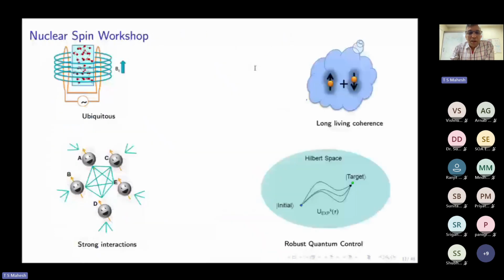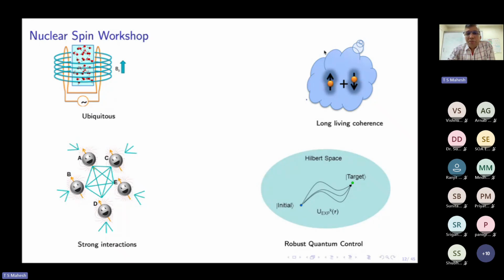Okay, so let me straight away come to the nuclear spin workshop. As I said, we are taking some compounds, and these compounds have molecules, and in each molecule we have several atoms, not just one atom. Each atom has a nucleus, and so together we have several nuclei in each molecule.